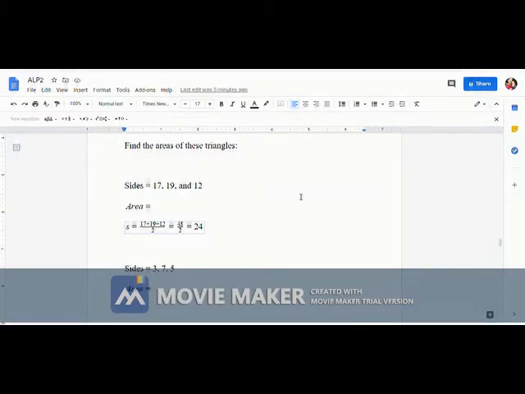Okay, so now that we know what S equals, we can come over here to this area. So the square root of S, which is 24, times 24 minus A times 24 minus B times 24 minus C. Okay, then let's just reduce this a little bit by doing this division in here.